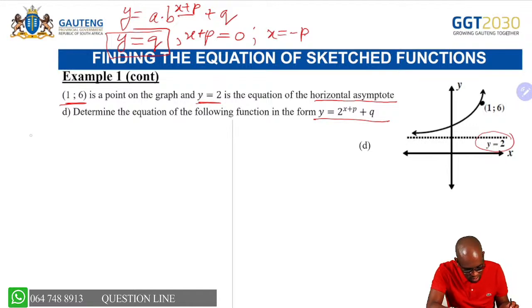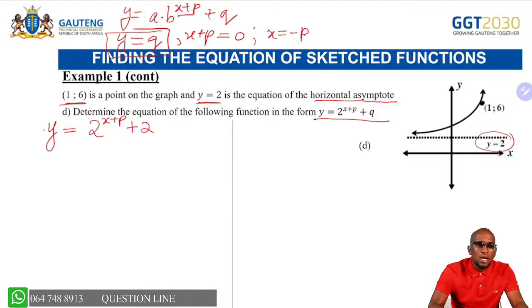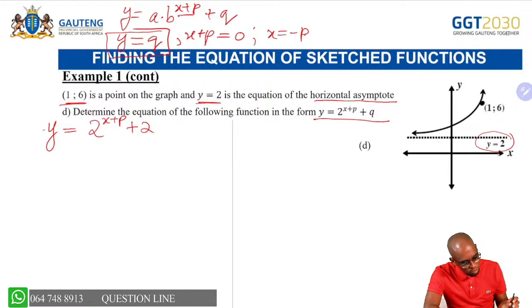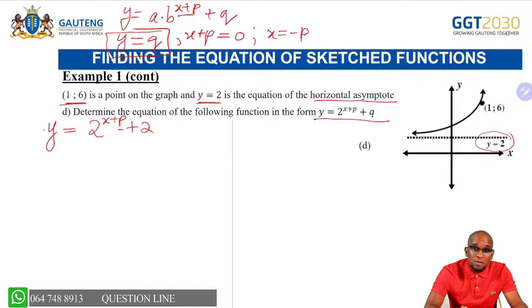First things first, y = 2^(x + p) + 2. Where am I getting the 2? The 2 is that horizontal asymptote. That is the vertical shift of that particular function. What we need now is only the horizontal shift p. After getting p, we know the equation of this function.